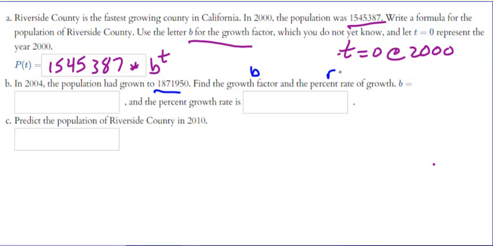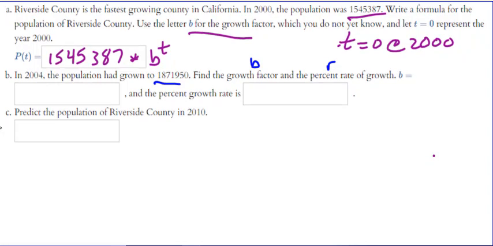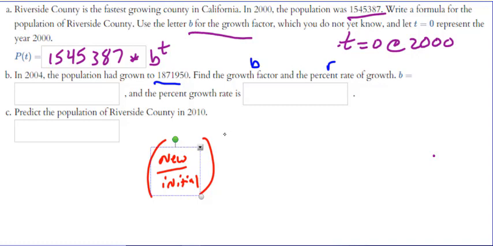Okay, so this comes back to what I was talking about earlier in videos. It's new over initial, raised to 1 over elapsed time. How long did it take to go from the initial to the new?